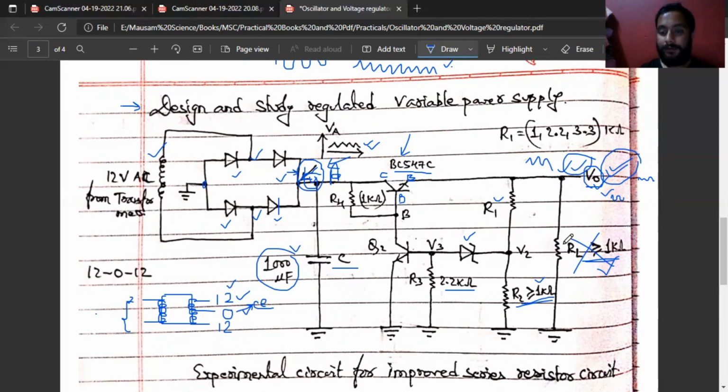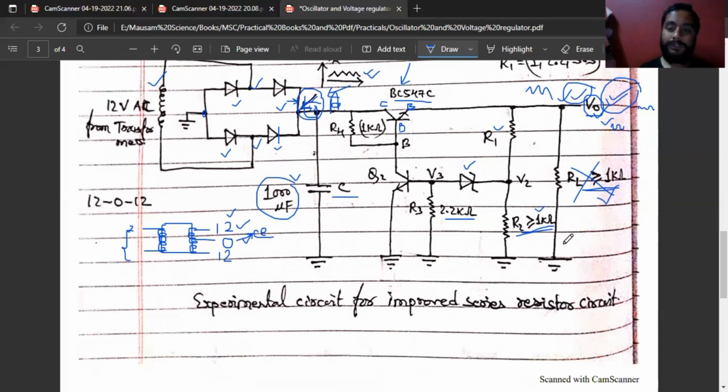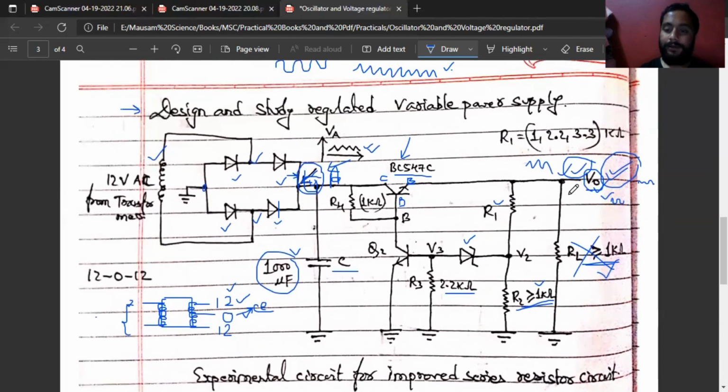But I recommend doing this experiment very quickly if we connect 1 kilo ohm resistance. But don't try to connect less than 1 kilo ohm. For a short interval of time, we can connect 1 kilo ohm and we can measure DC voltage from here, ripple voltage from here, again DC voltage from here, ripple voltage from here.